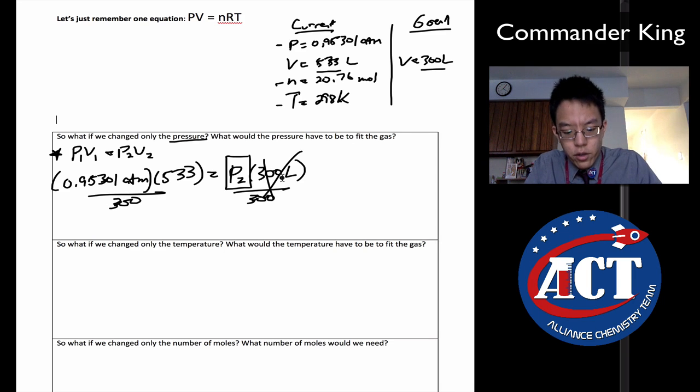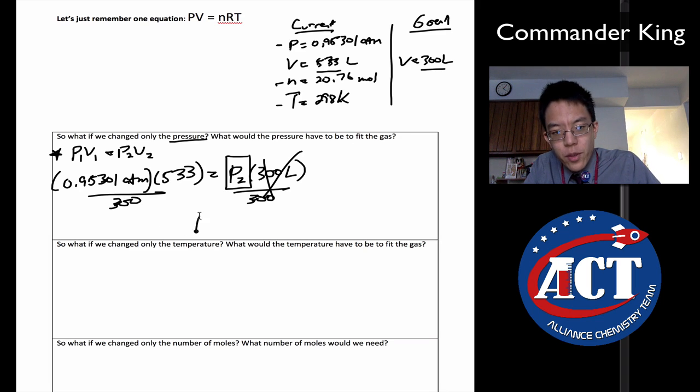And so I can calculate 0.95301 times 533, divided by 300. Sorry, I made a small mistake in calculation. So let me do that again: 0.95301 times 533, divided by 300. All right, perseverance.